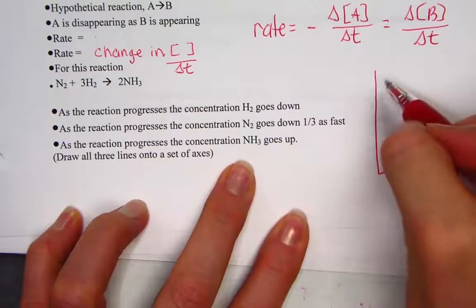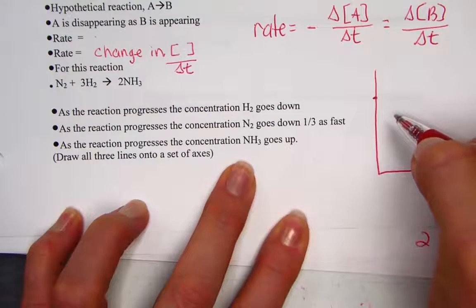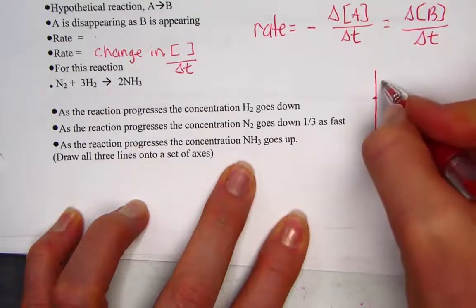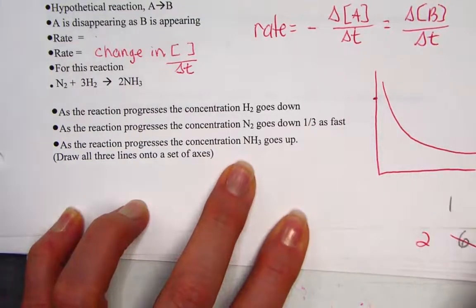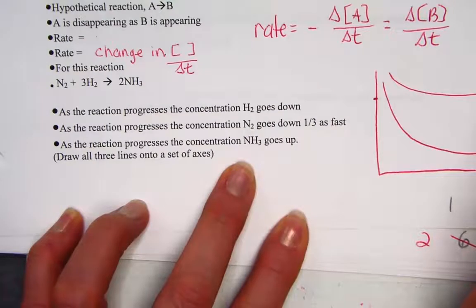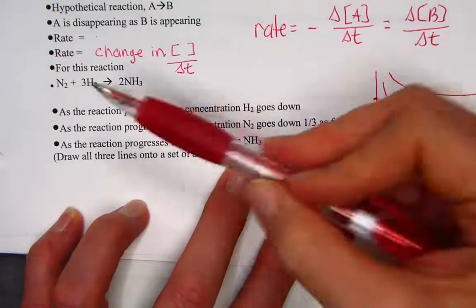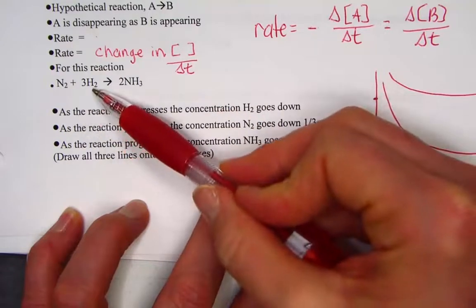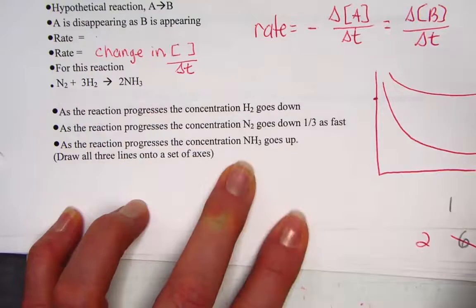We have a certain amount of the reactants, hydrogen and nitrogen. Time is going by and the concentration of hydrogen goes down. Reactants are consumed. Nitrogen also goes down. And notice what I'm trying to draw is that the rate at which hydrogen disappears is 3 times that of the rate at which nitrogen disappears.